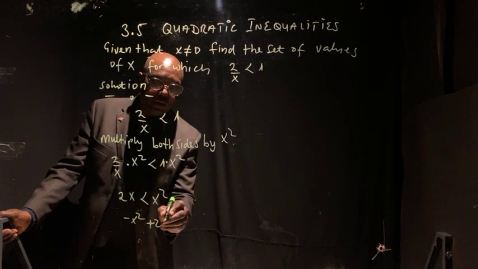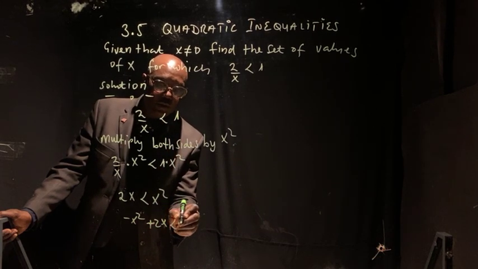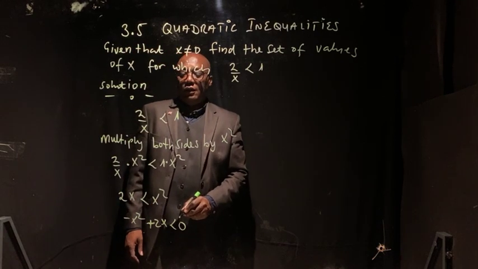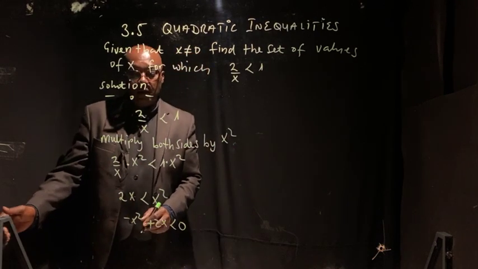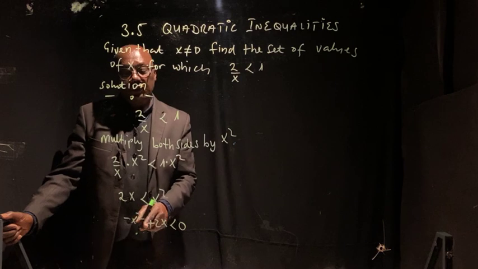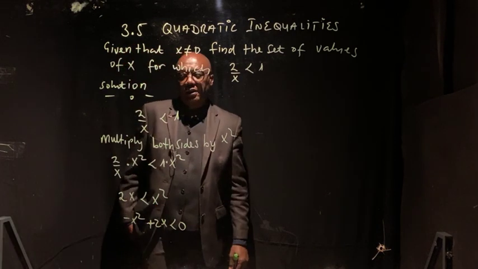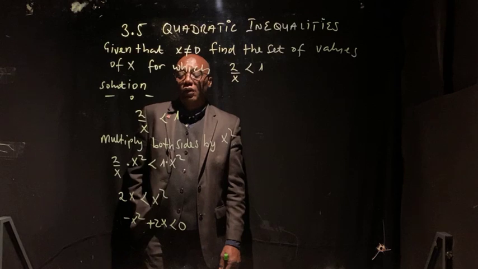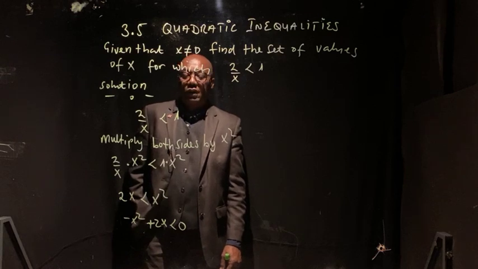Because the coefficient of x squared is negative, the curve will have a maximum value.